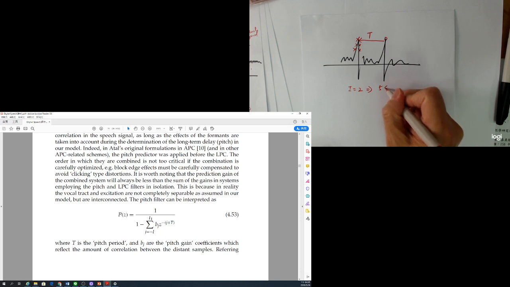If i equals 2, you are using 5 samples, so you have 5 samples to do the linear combination for the prediction.